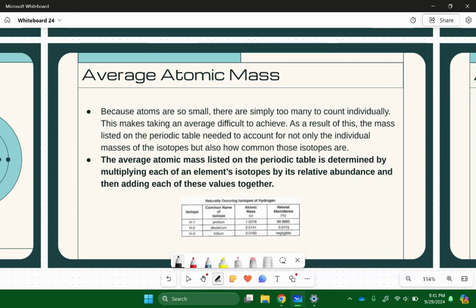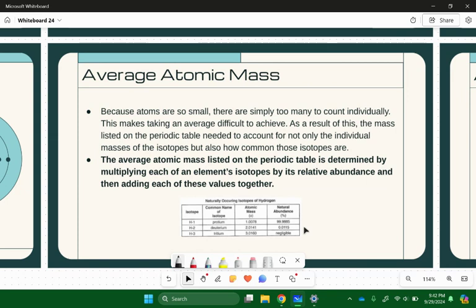But the problem is there's trillions and trillions of atoms. So we can't just sit there and count them all, okay? And we already talked about this before. To get even one deuterium, you'd have to look at 10,000 atoms at least. That's a lot of work, right? So we need a more efficient way of doing this.